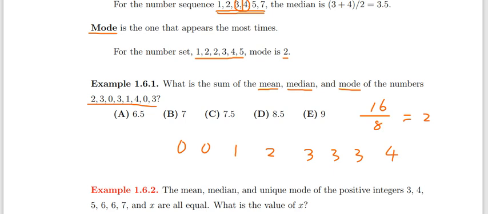So the mean is 2. For the median we need to check how many numbers. We have 8 numbers. The median is here. So the median is the average of 2 and 3, so 2.5. So the mean is 2, the mode is 3, right? Yeah.